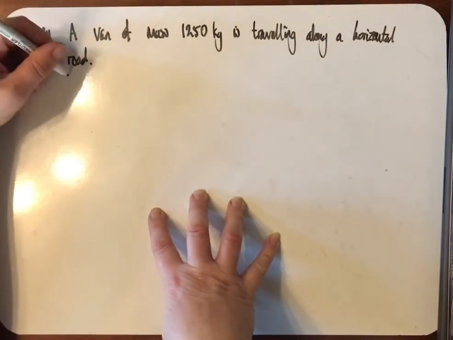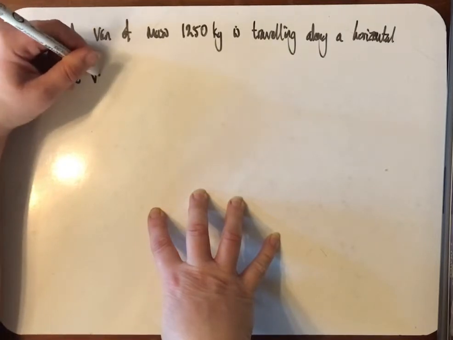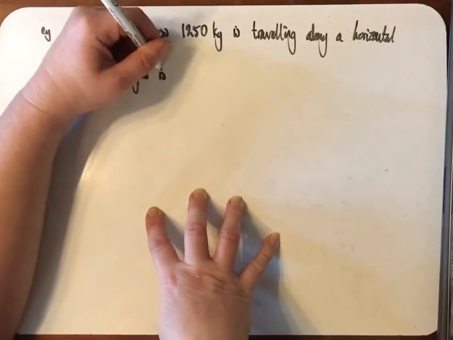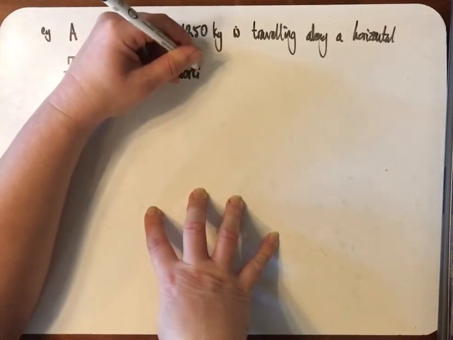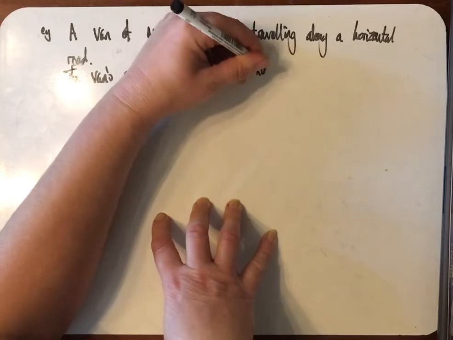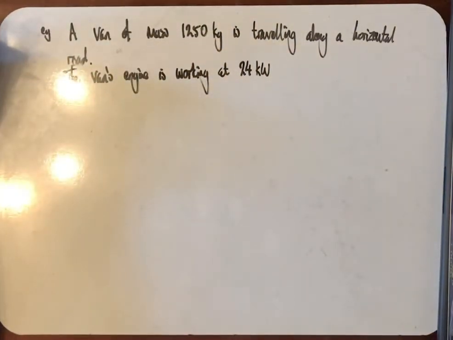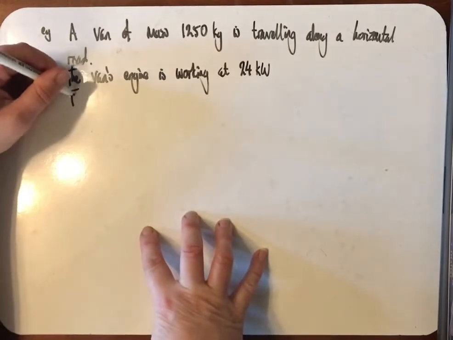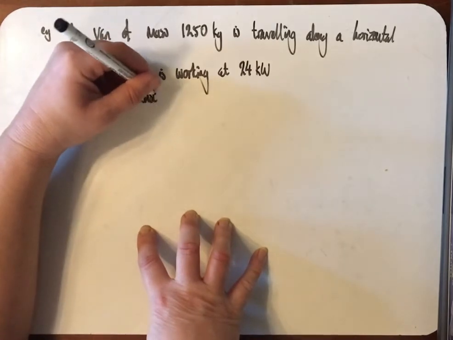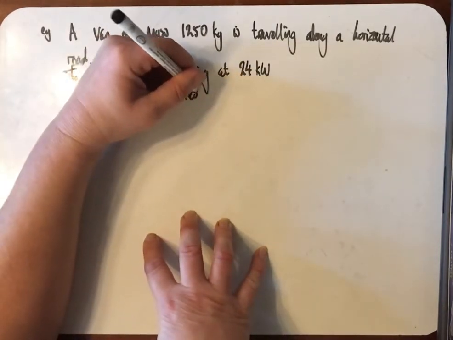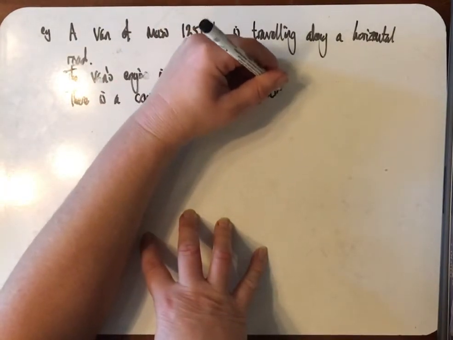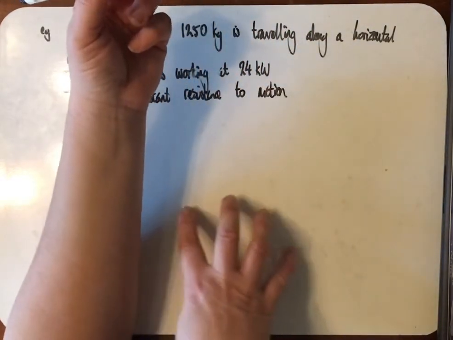The van's engine is working at 24 kilowatts, so that's 24,000 watts, and there is a constant resistance to motion of 600 newtons.